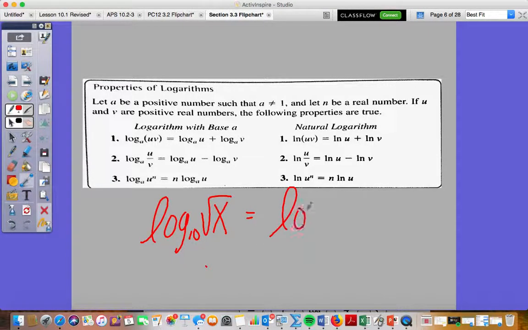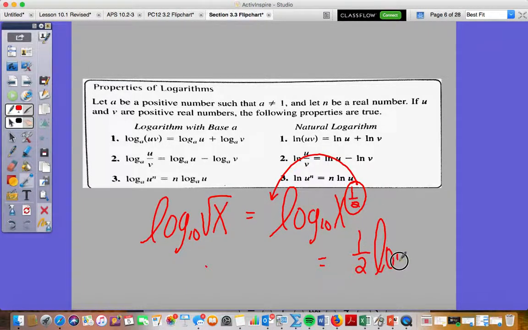So it would be log base 10 of x to the 1/2. So what does 1/2 do in our power rule? Yep. So 1/2 goes to the front. Good. So this would be expanded as 1/2 log base 10 of x. And that would be my answer.